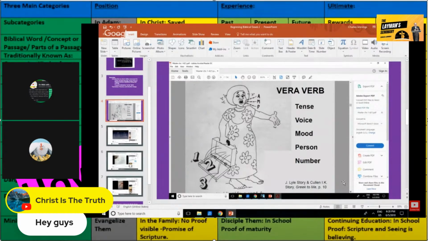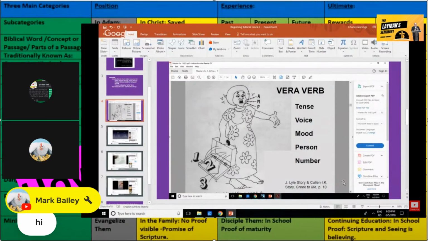You can see that in her voice, her mouth, you have A, M, and P, active, middle, and passive. And you see that she's wearing a moo dress, or you could say she's in a bad mood. And you see that rather than a purse, she has a briefcase. You could say she's a person, or you could relate briefcase to purse. And you see the numbers are falling out.